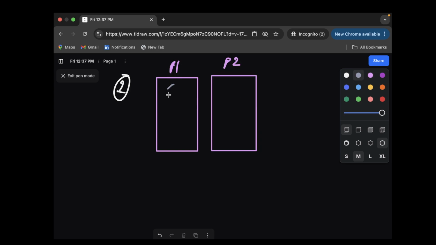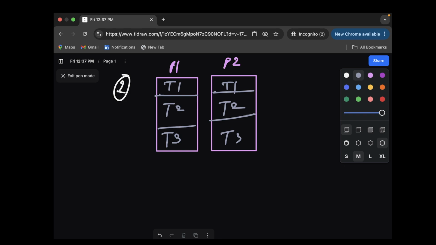The smallest unit of work is basically a thread. So this is my thread 1, thread 2 and thread 3. Similarly, for P2, thread 1, thread 2 and thread 3, right?